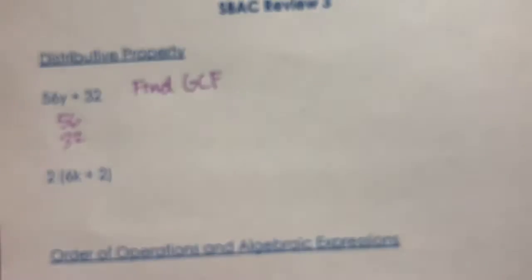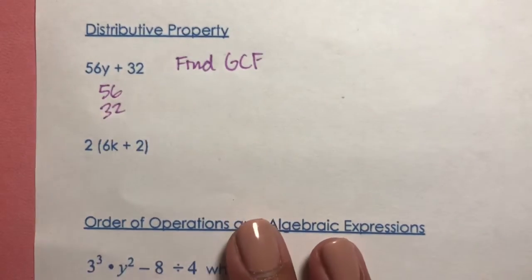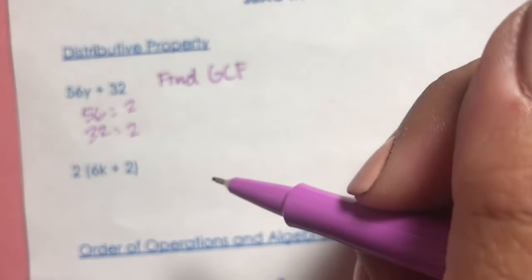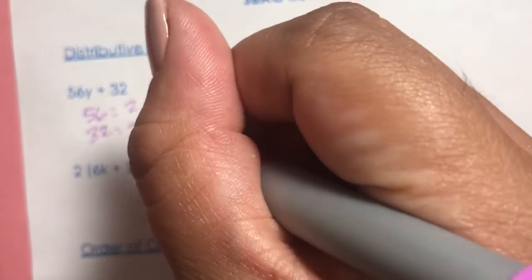So to do that, we need to list off the factors of each of these numbers. So for 56, because I know my math facts, and I know most of you do as well, I know that both of them have a factor of 2, but that's not the greatest common factor. I know that they both have a factor of 4.